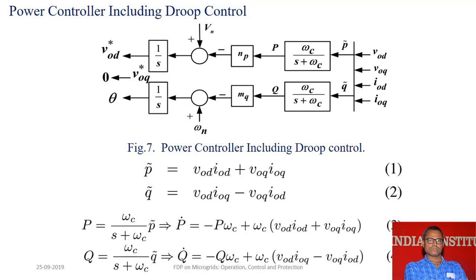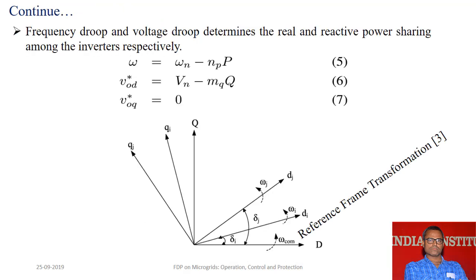Okay. So these are the general equations derived from the ABC transformation to DQ transformation, right? This is how we do the reference frame transformation, right?